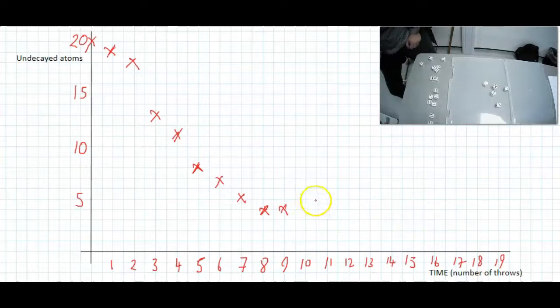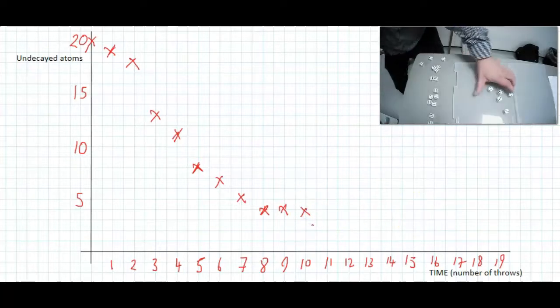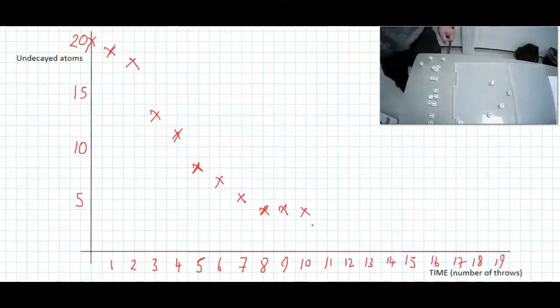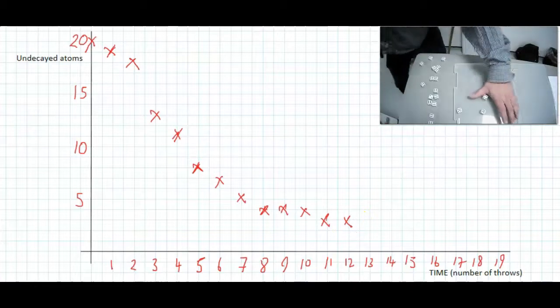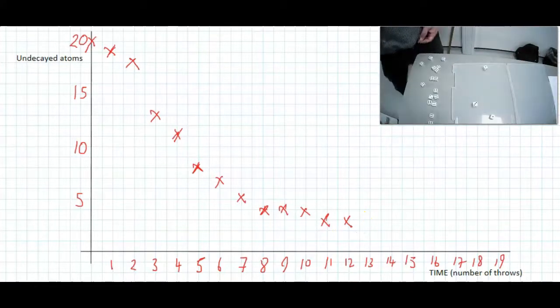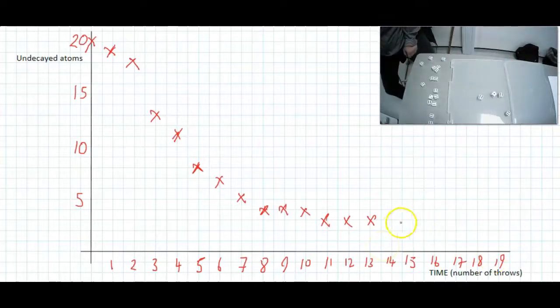And again, no dice have landed with a 6. 1 6. No 6s. So you can see the chances of decay, or the rate at which I'm rolling 6s, is declining. It is still random.